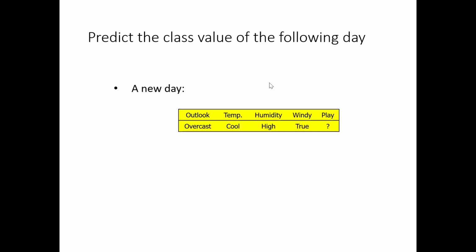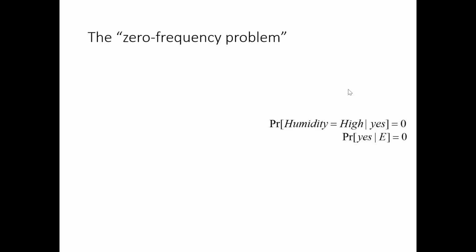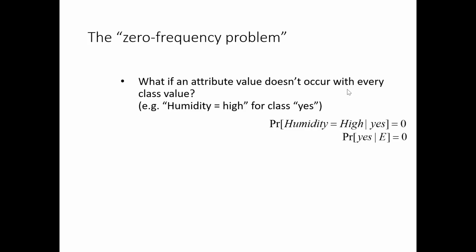This problem is known as the zero frequency problem. If you look at some particular class values, the attribute value doesn't occur. If it doesn't occur, then that will create a problem, and the probability value will be 0.